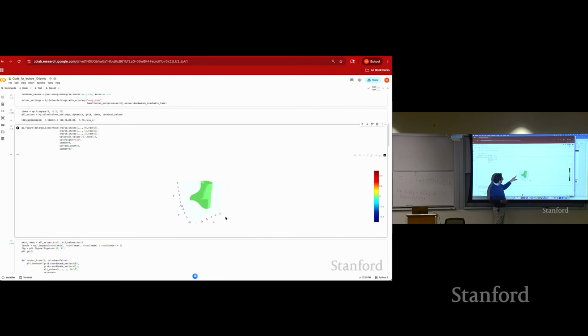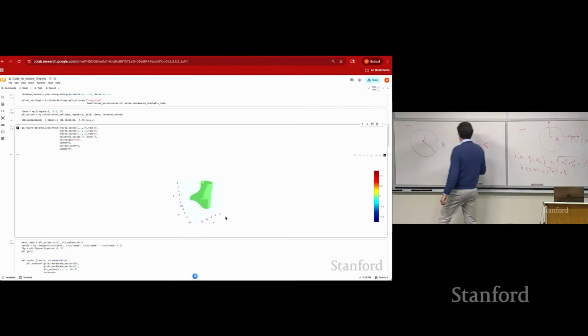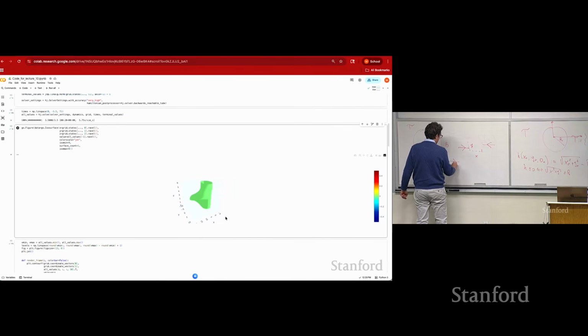Assume that Z, the relative heading, is 0. So basically the aircraft are aligned.